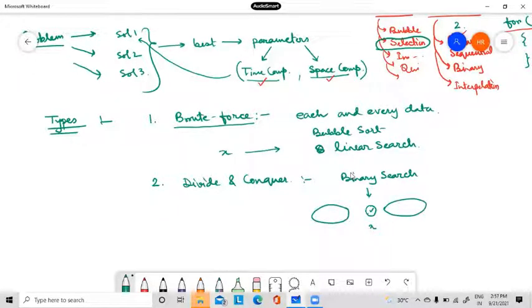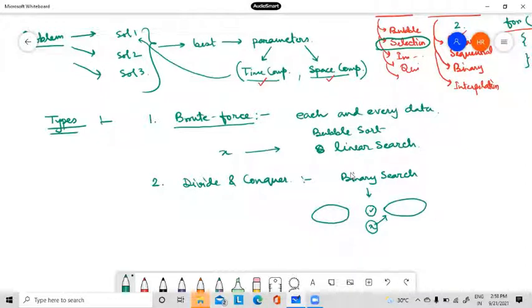It means I am not comparing my X with each and every element. I am skipping some elements. It means I am dividing my problem into a smaller size, and not comparing with each and every element. That's why it is different from brute force.